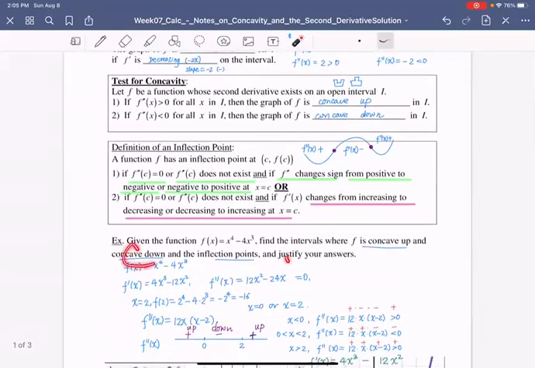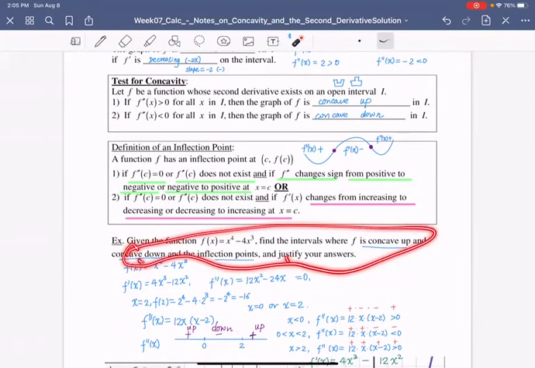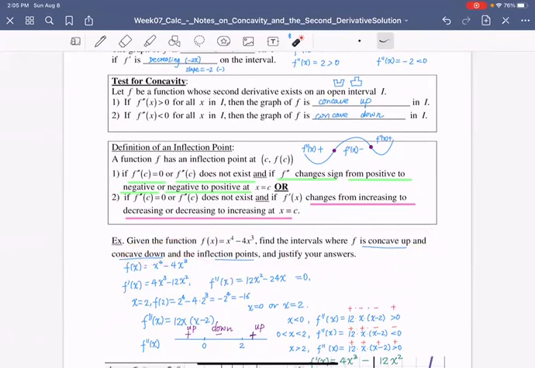This question, we are checking if this function is concaving up or concaving down by finding the inflection point first. So we make the second derivative to be 0. And then we check the sign, positive or negative, of the second derivative function.